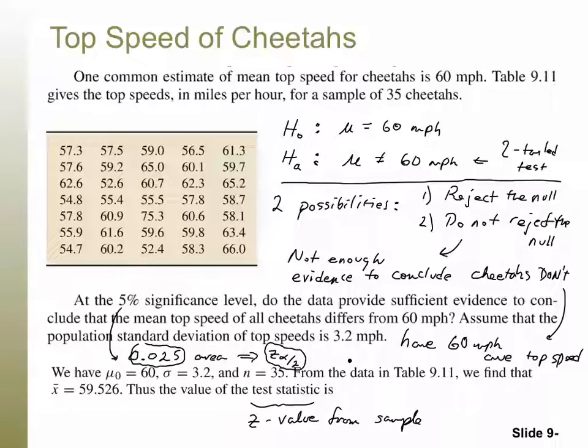We divide that by 3.2, which is a really little number, minus 0.8876.